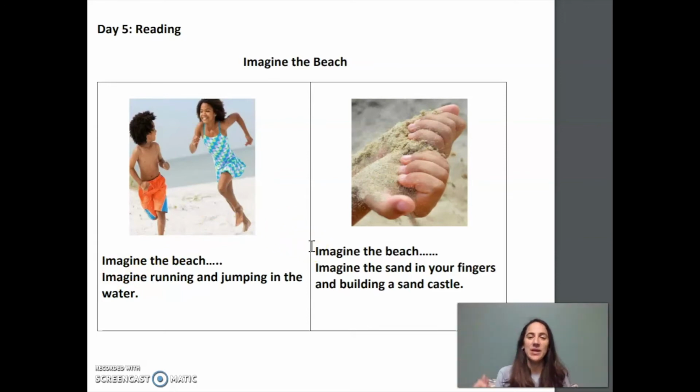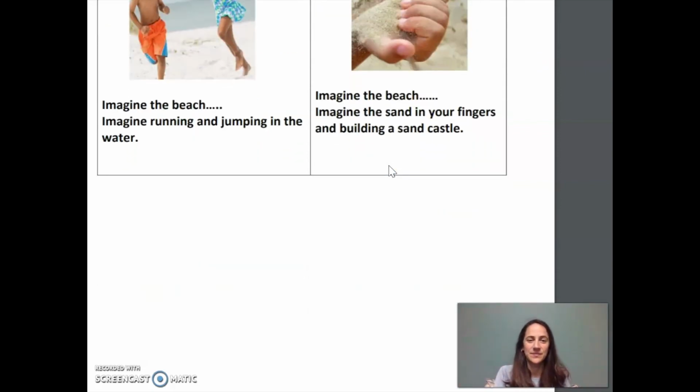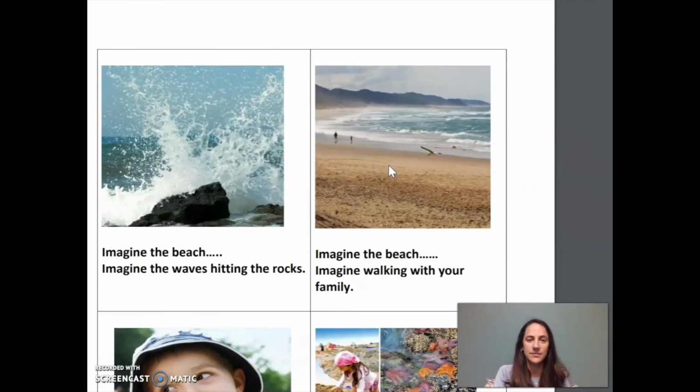Imagine the beach. Imagine the sand in your fingers and building a sand castle. Imagine the beach. Imagine the waves hitting the rocks.